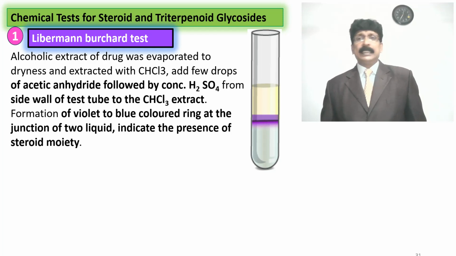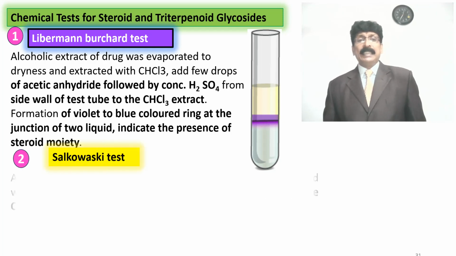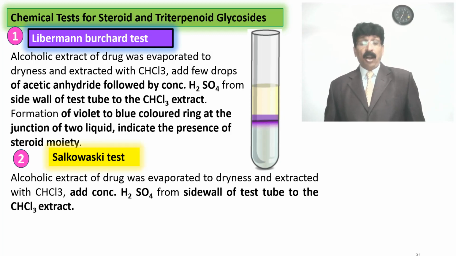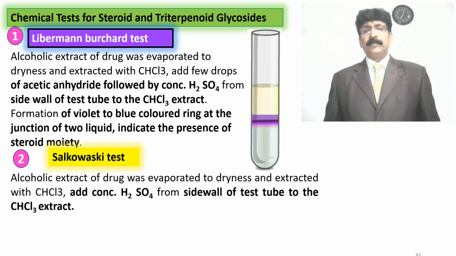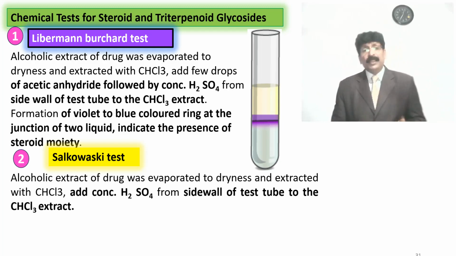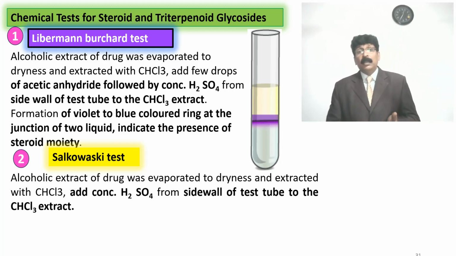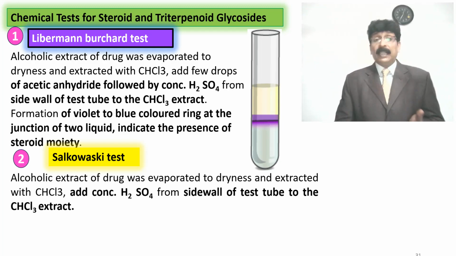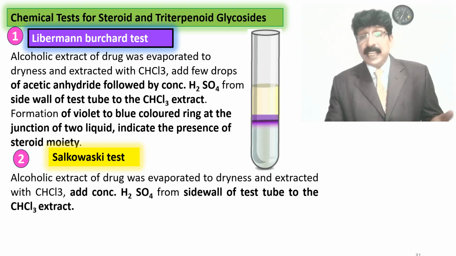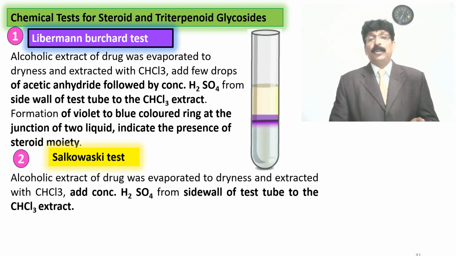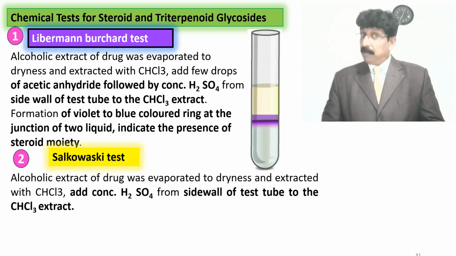Interesting test. And number 2, Salkowski test. Here, the alcoholic extract of the drug was evaporated to dryness and extracted with chloroform, and concentrated sulfuric acid is added from the sides of the test tube to the chloroform extract which you made.